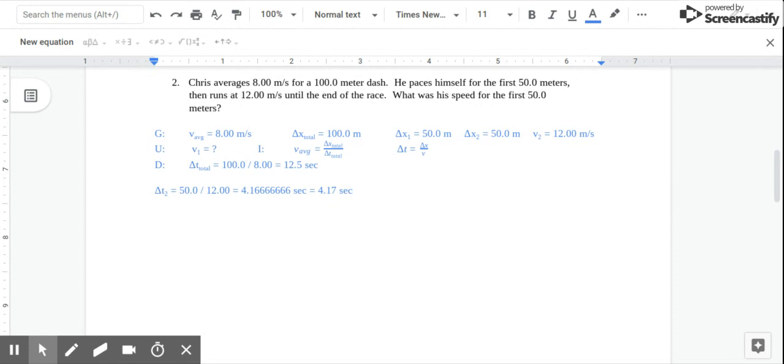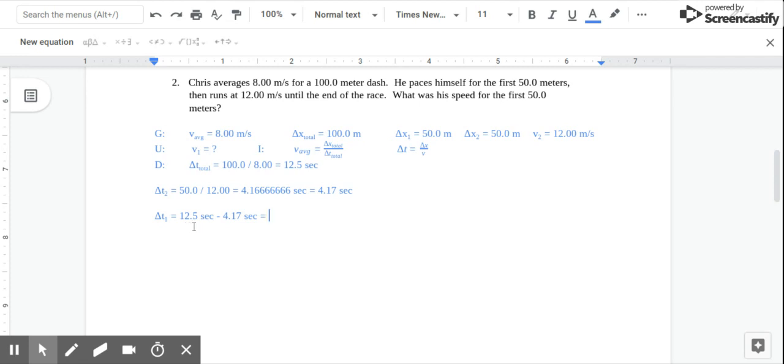Okay, so we know change in T2. We should also know that change in T1 is going to be equal to 12.5 seconds minus 4.17 seconds. The sig fig deal is really what I'm talking about. When we add or subtract, we look at which one has the fewest decimal places, not the fewest sig figs.